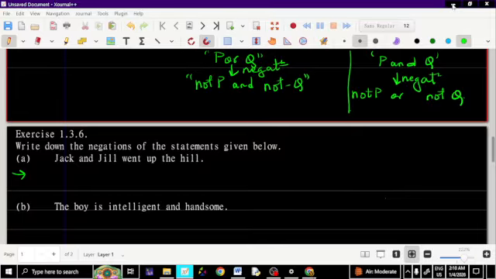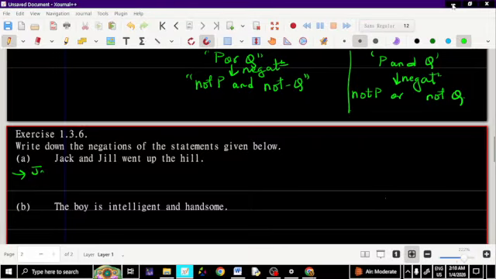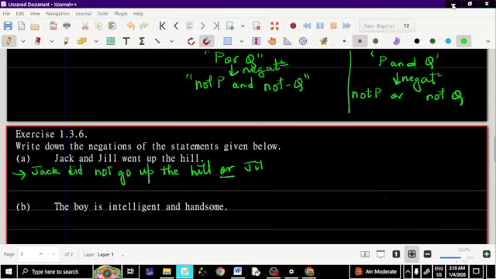Jack and Jill went up the hill. So Jack went up the hill and Jill went up the hill. So it's a combination of two statements. If I want to negate it, then at least one of them should not go to the hill. So how will I write that? Jack did not go up the hill or Jill did not go up the hill.